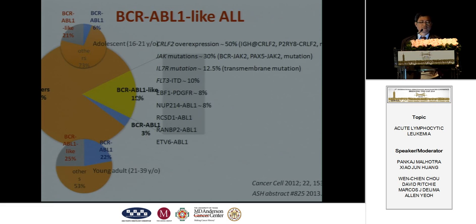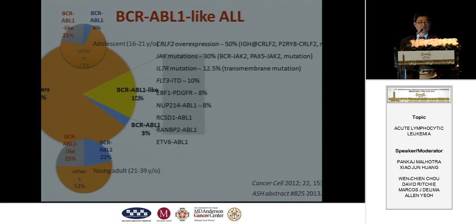The scientists have found that in this group of disease, about 50% of patients have CRLF2 overexpression related to either translocation with immunoglobulin heavy chain, or fusion with P2RY8, or rarely mutation itself. And about 30% of these patients actually have JAK mutations or fusion with BCR or PAX5.